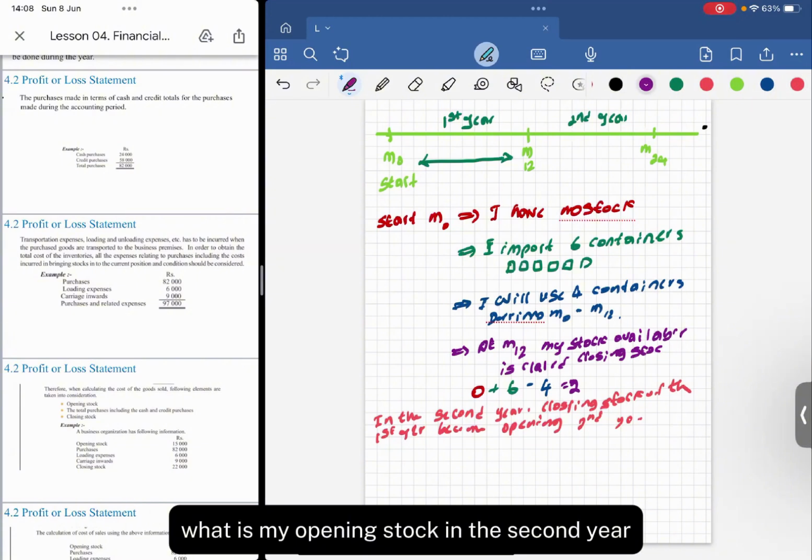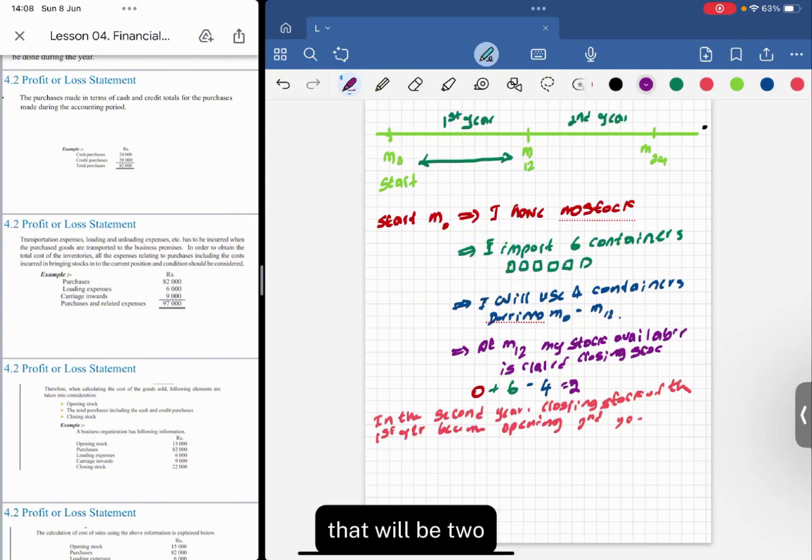What is my opening stock in the second year? That will be 2.